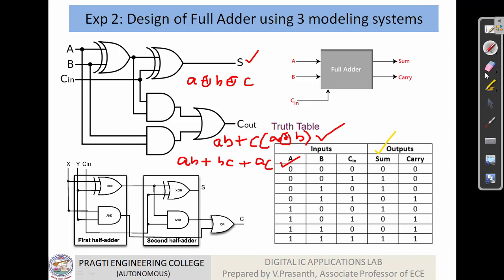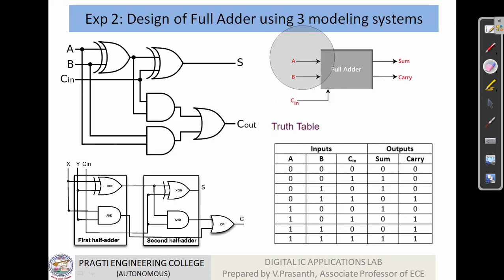First, we will go with behavioral programming. When we go with behavioral programming, it is best to analyze the truth table, and the truth table is converted into if-else statements. That means if A is equal to 0, B is equal to 0, C in is equal to 0, then sum is equal to 0, carry is equal to 0.